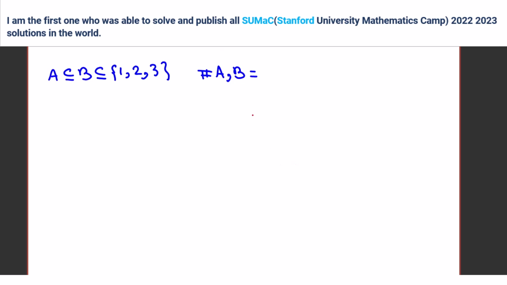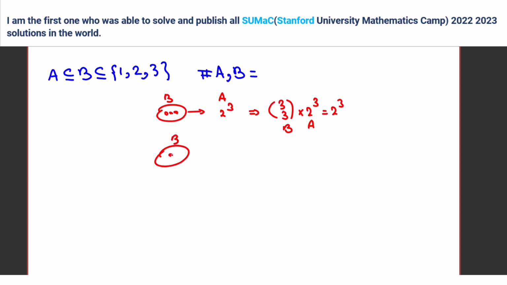For example, if B has 3 elements, then A has how many cases? A has 2 cubed, because each element can be inside it or outside it, right? So for this case, we say 3 choose 3 for B, and for A, 2 cubed.